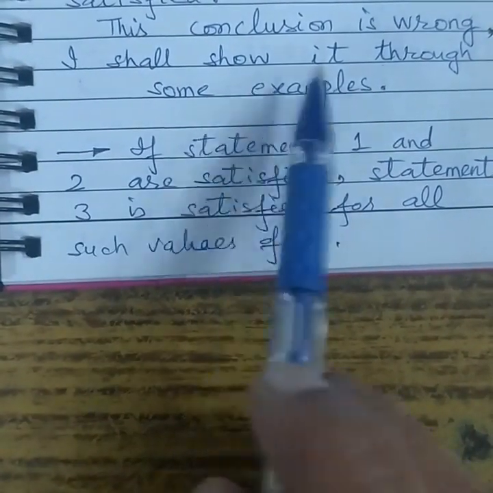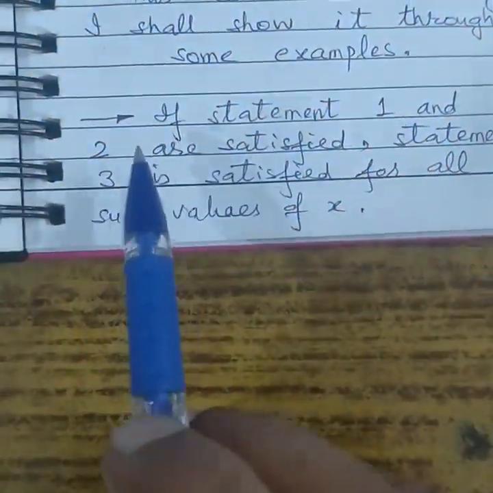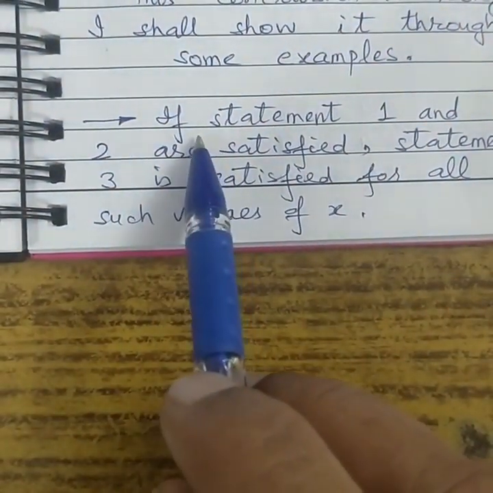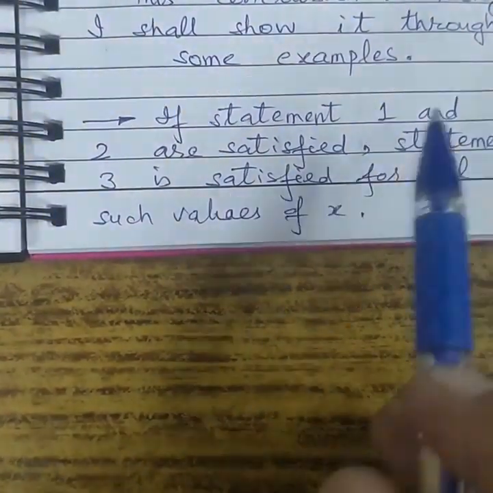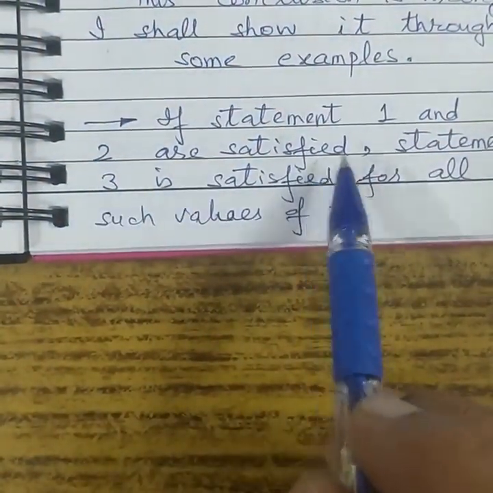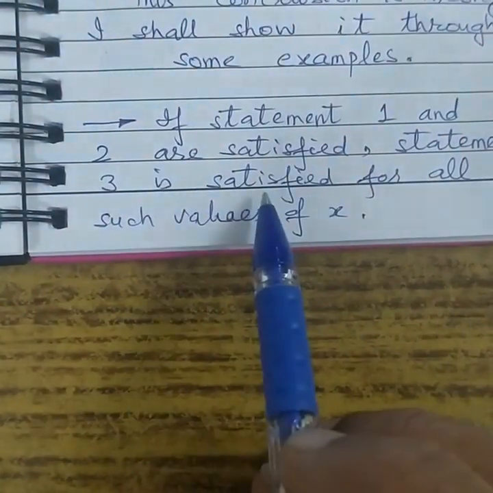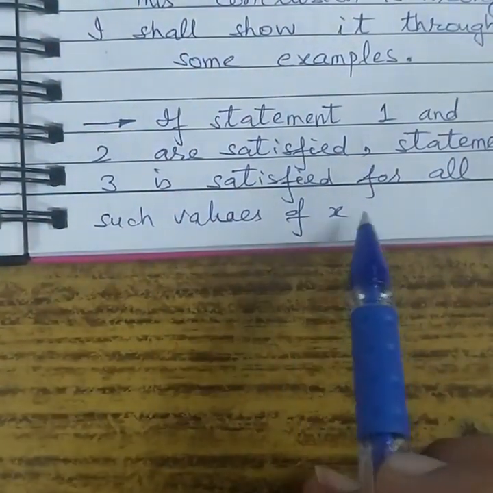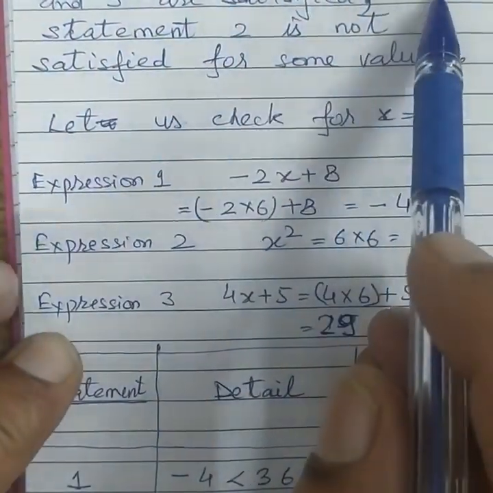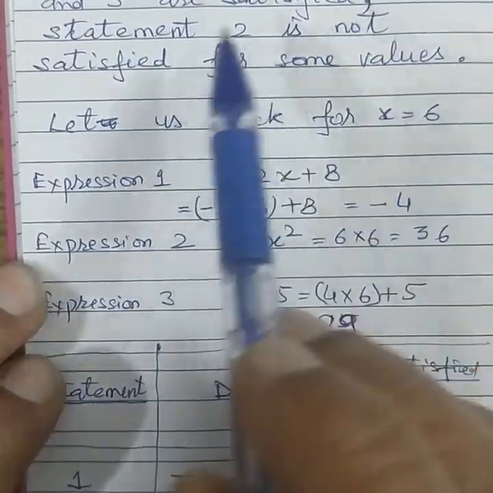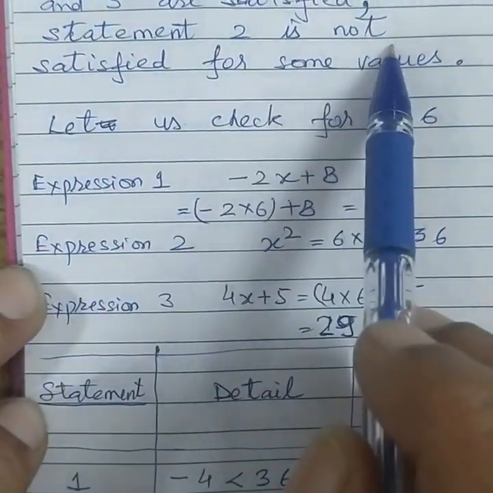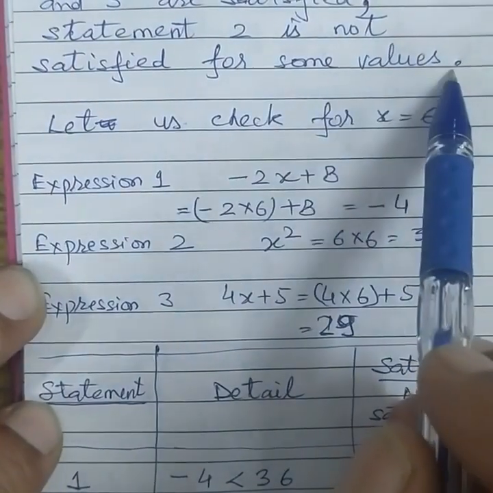I shall show it through some examples. If for some value of x, statement 1 and statement 2 are satisfied, statement 3 is satisfied for all such values of x. If statement 1 and 3 are satisfied, statement 2 is not satisfied for some values of x.